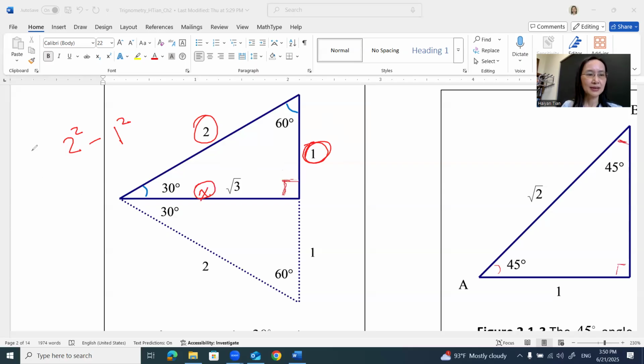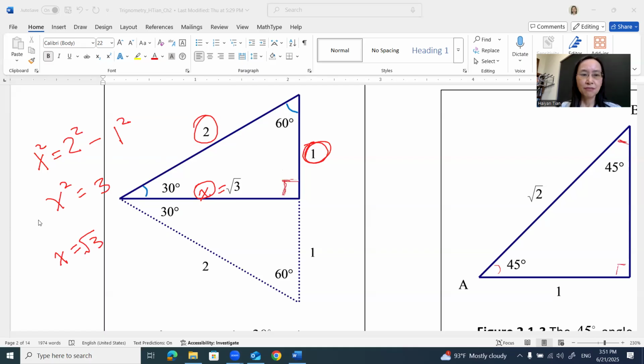So x squared must be the hypotenuse squared minus 1 squared. That means x squared is 4 minus 1, which is 3. Therefore, x is square root of 3.